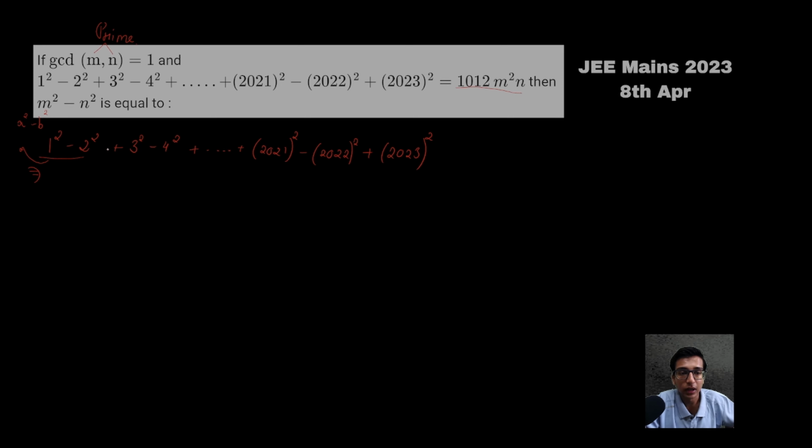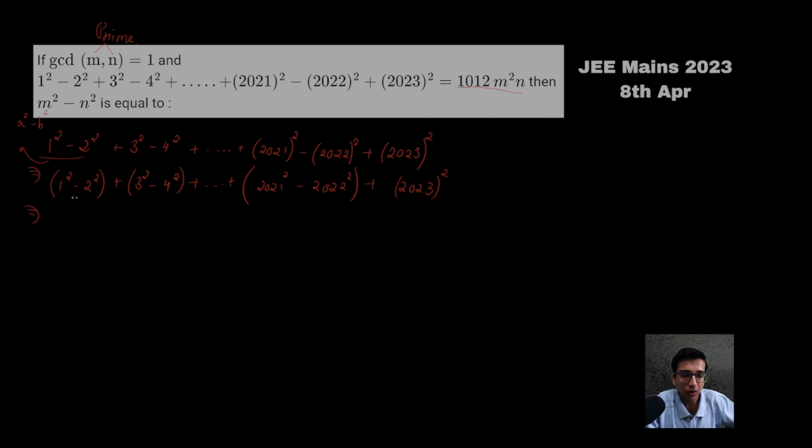So let's try to club all these type of numbers together. This would become 1 square minus 2 square plus 3 square minus 4 square plus, and this would go on up till 2021 square minus 2022 square, and we can see that 2023 is alone, it is not paired with any number along with it.